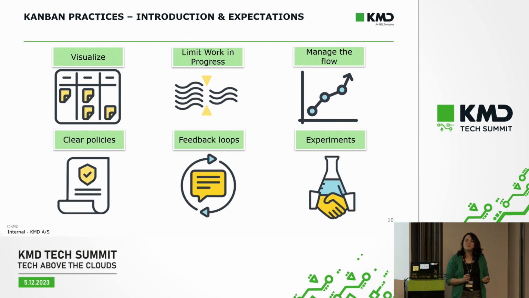Then we have limiting work in progress. So we try to avoid context switching. We try to focus on the least amount of topics possible so that we can finish them faster. Because this is a proven scientific fact. You can do this little game by yourself to measure how fast you can write down 10 letters and 10 numbers: first letters from A to J, then numbers from 1 to 10.